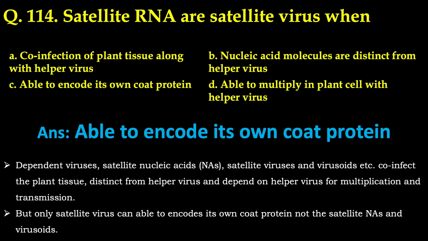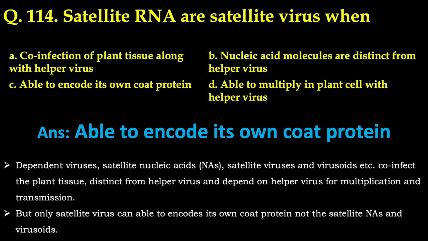Some facts are there: dependent viruses or satellite nucleic acids or satellite viruses and virusoids. They co-infect the plant tissues. They are distinct from the helper viruses and depend on helper viruses for multiplication as well as transmission.